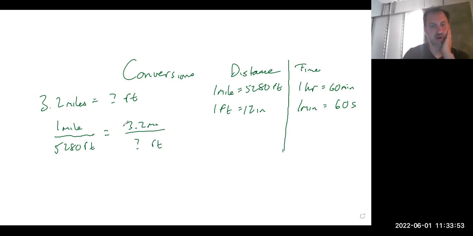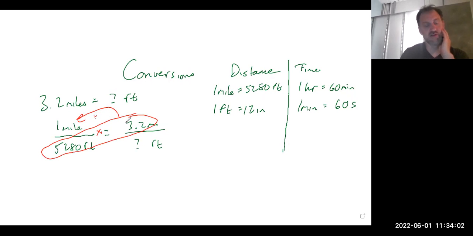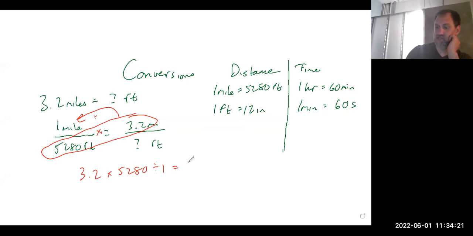To solve this, we can just multiply diagonally and divide by the other number. That's a basic technique for solving proportional statements. So I'm going to do 3.2 times 5,280 and divide it by 1, which really doesn't do anything. So it's really just 3.2 times 5,280. My trusty handy calculator here: 16,896.